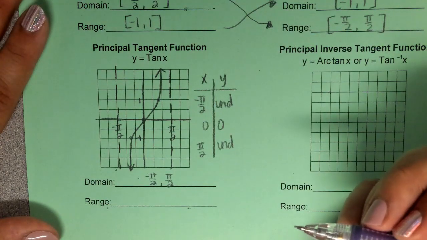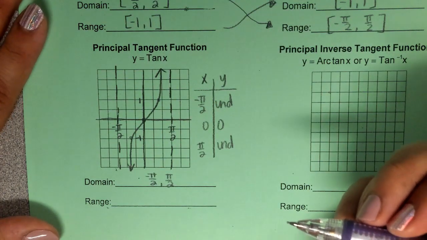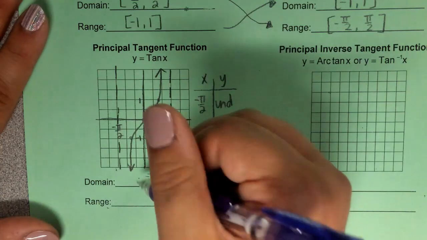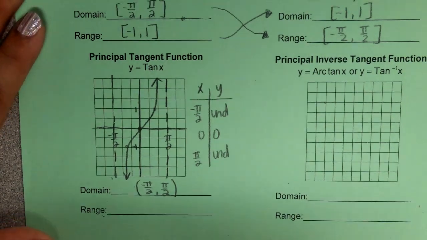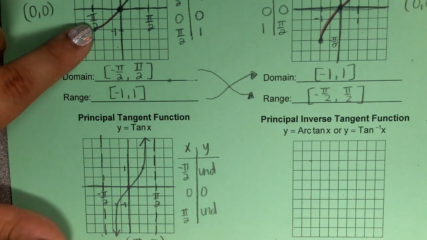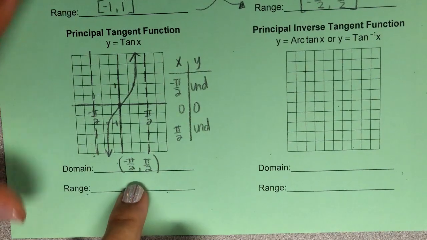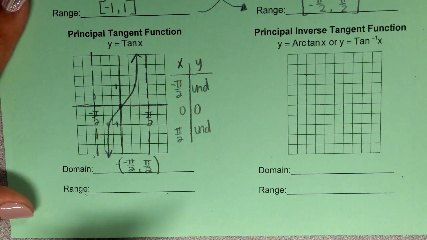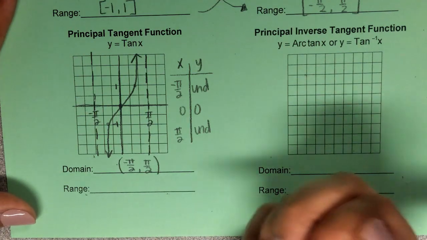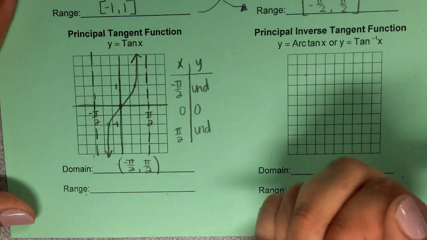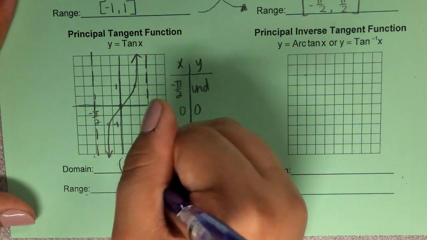Instead of brackets, what do I need? Parentheses. These are going to have parentheses instead of brackets. Over there, it does equal pi over 2 has a bracket. This is an asymptote, so it's going to have parentheses. What's my range? All real numbers.